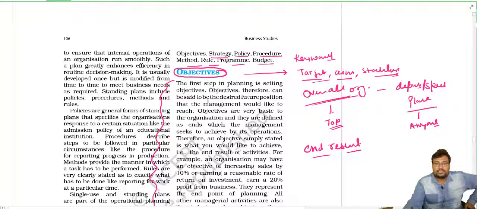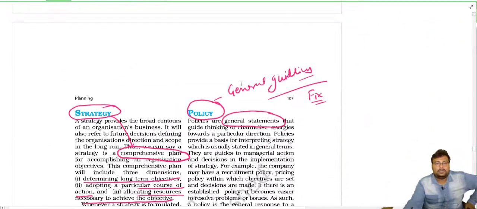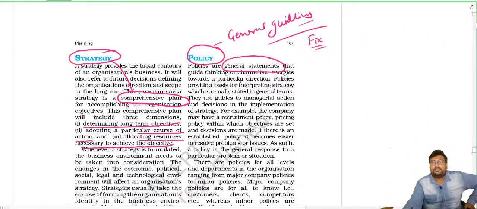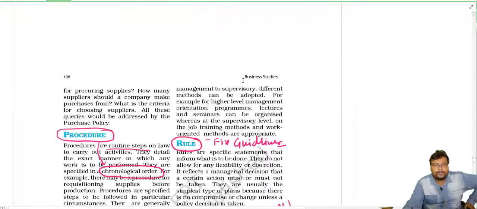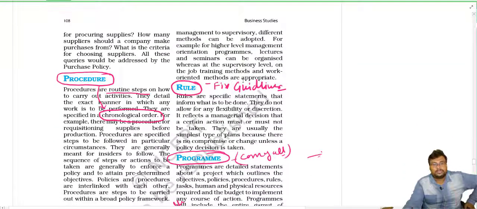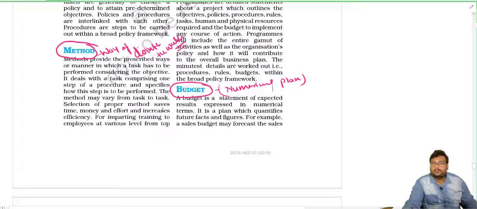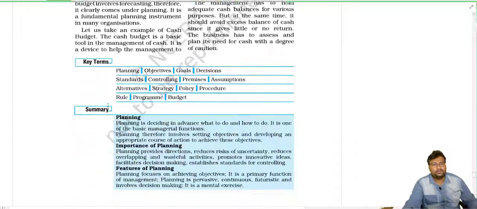I have written the keywords for each and every particular plan, and those keywords will help you solve the questions and the case study. We will solve the case study in the next 2 classes related to this chapter. Procedure, rule, program, method, budget: every heading has some keywords.